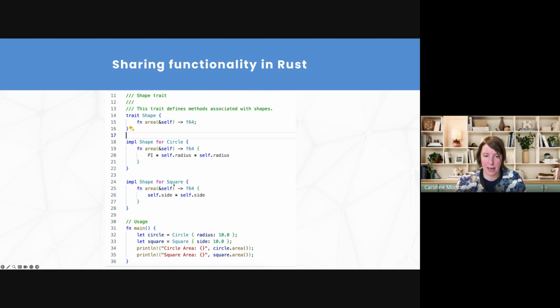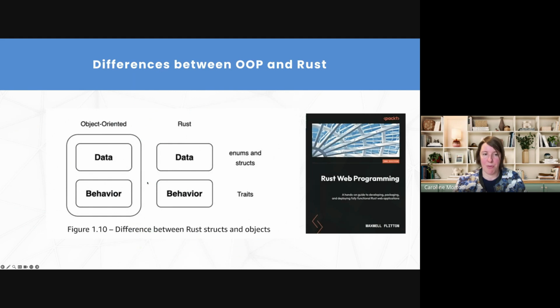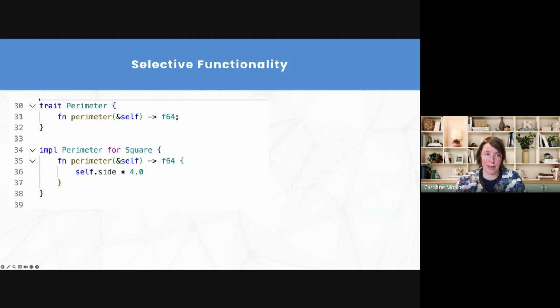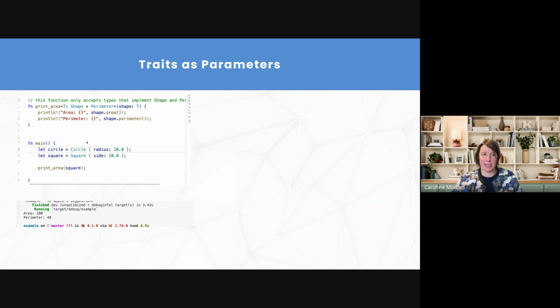So now Square has this trait Shape implemented for it. Then if we go here, we also have a different trait called Perimeter, and it is implemented for Square again. So they're two different traits applied to the same struct. Does that make sense? So when we come to passing it in, we're saying T has to have the Shape trait and the Perimeter trait implemented. I'm coming from Python, so I keep using applied, but yes.